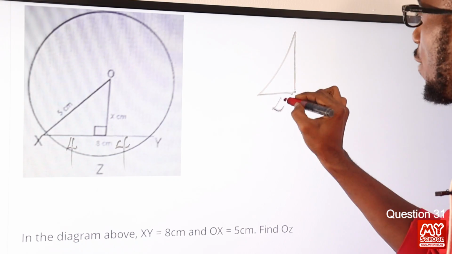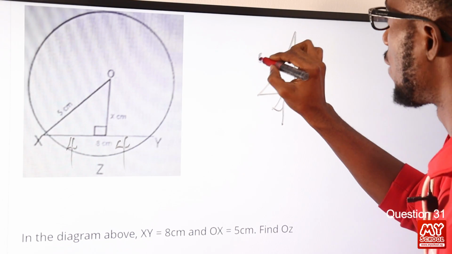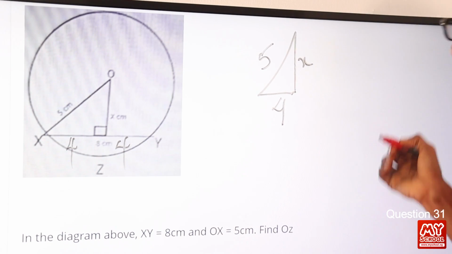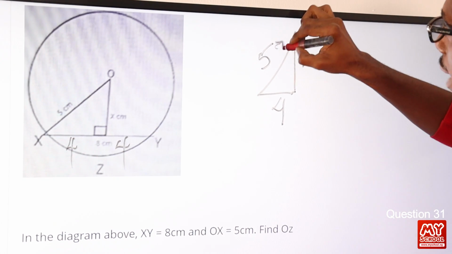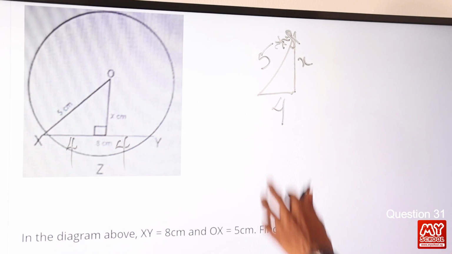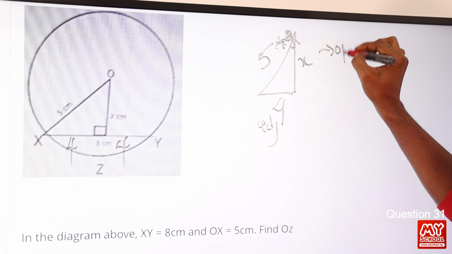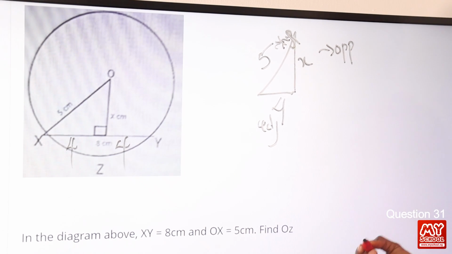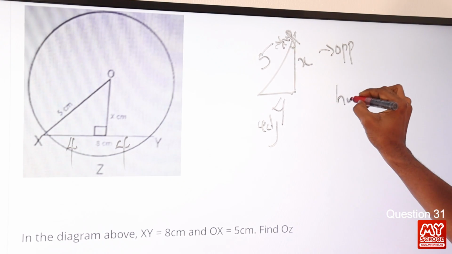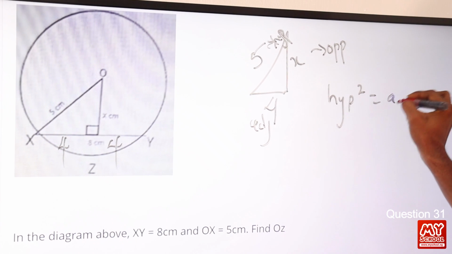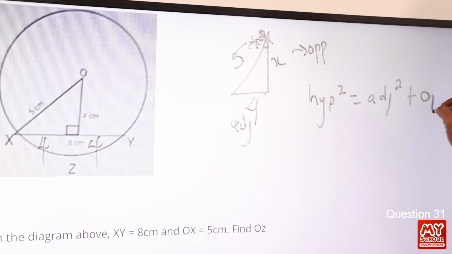So I'm going to have this diagram this way. I'm going to have my 4, I'm going to have my 5, and I'm going to have my x. So this is my hypotenuse, then I have this as my adjacent, and this as my opposite. So basically we're going to use our Pythagoras theorem, which is hypotenuse square equals adjacent square plus opposite square.